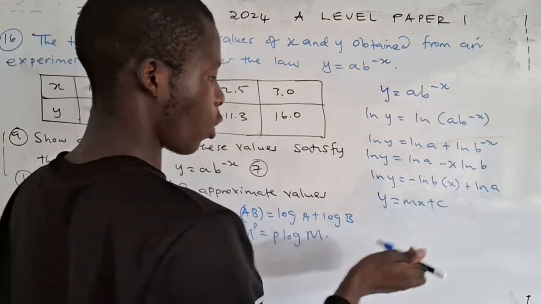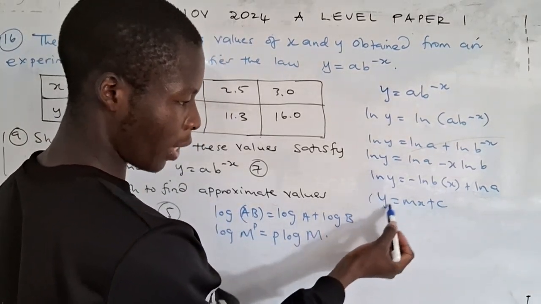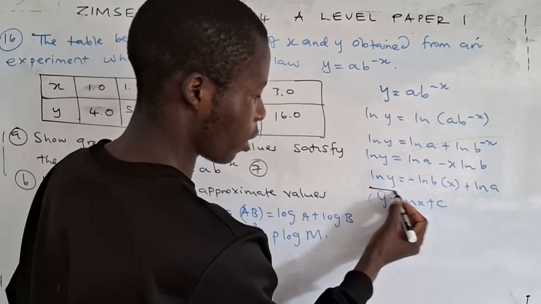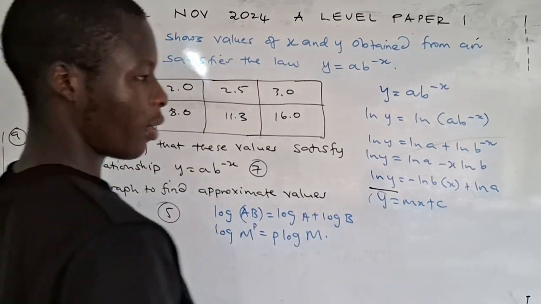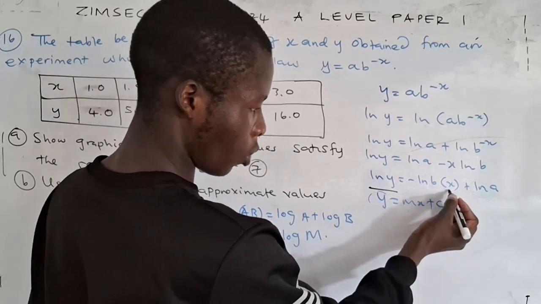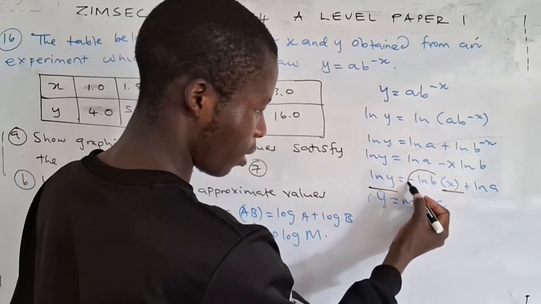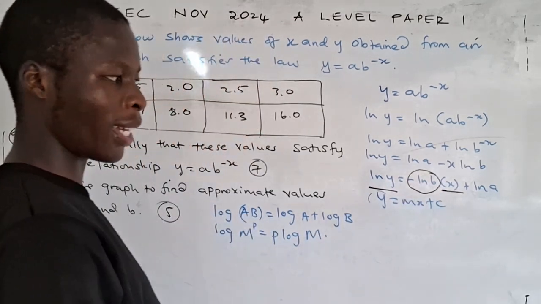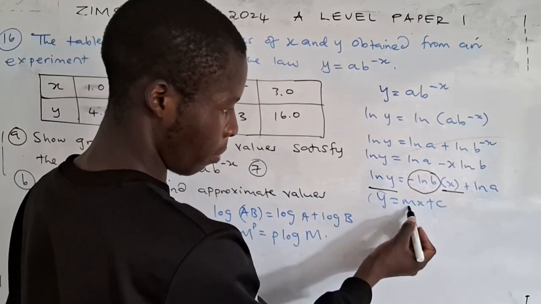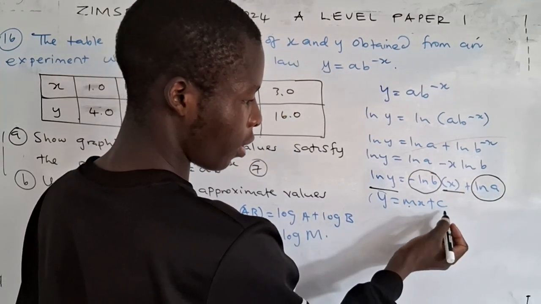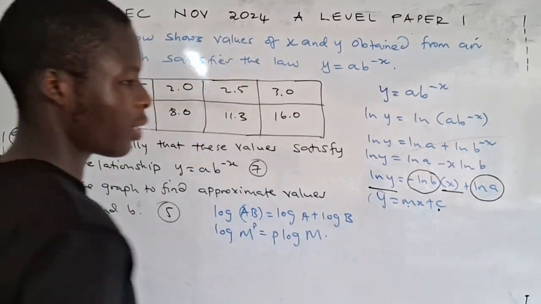So on the y-axis you are supposed to write ln y, then on the x-axis you write x. This is the gradient, which is m, and this is the y-intercept, which is c.